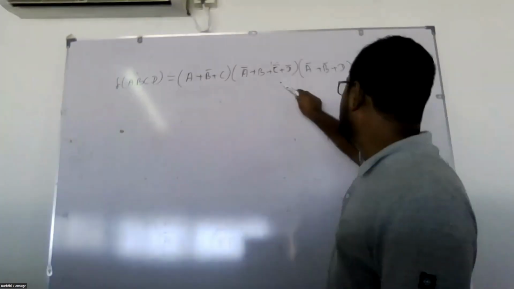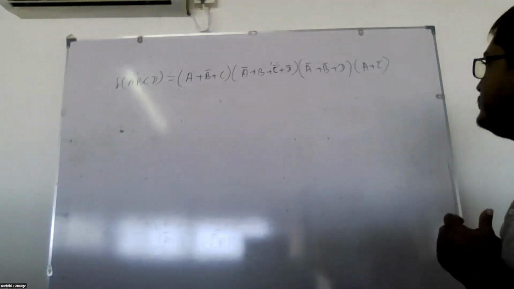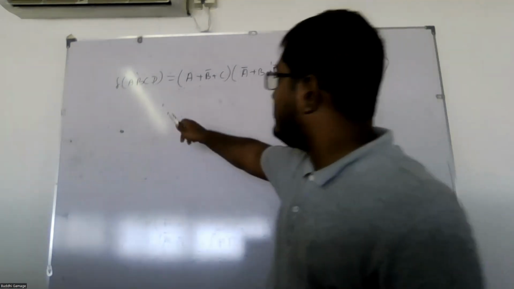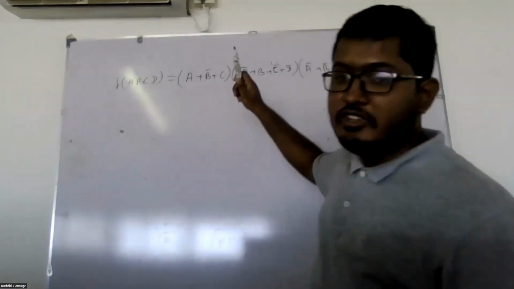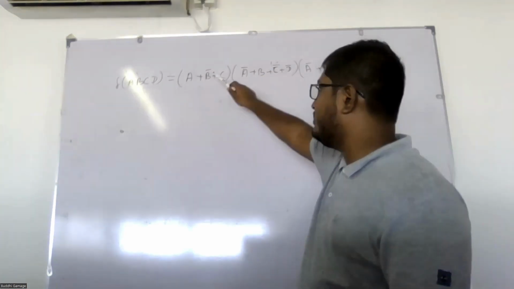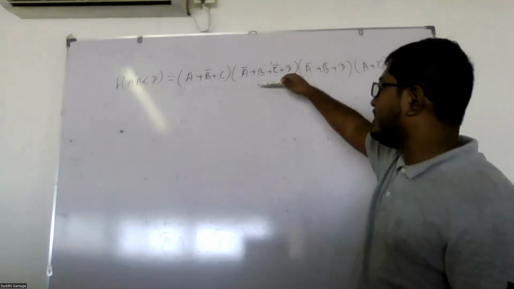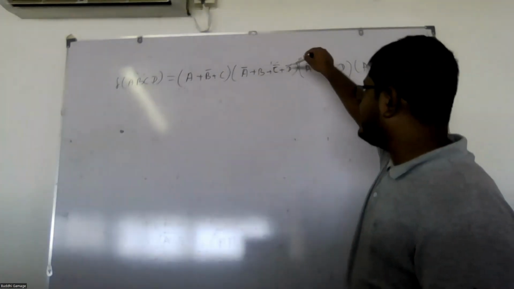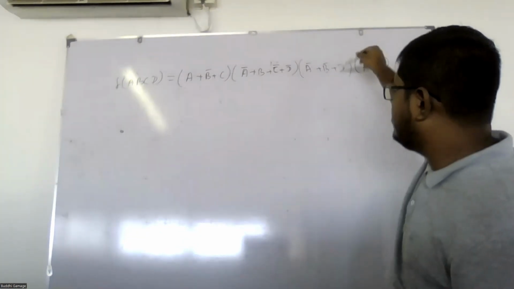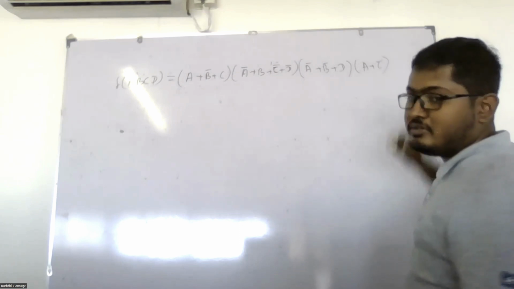So there are 4 subparts in the expression, and there are 4 variables as A, B, C, D. So the first one is A, B bar, A bar plus B bar plus C, and the second one A bar plus B plus C bar plus D bar, and A bar plus B bar plus D, and A plus C bar.